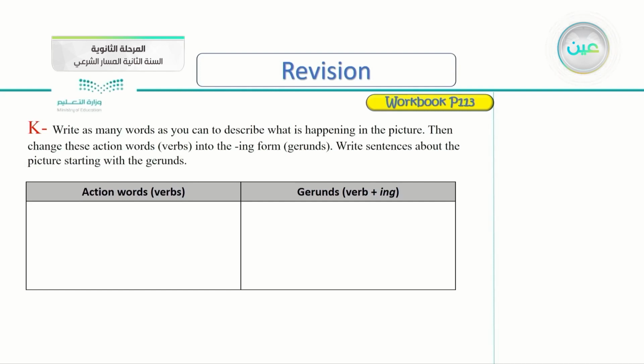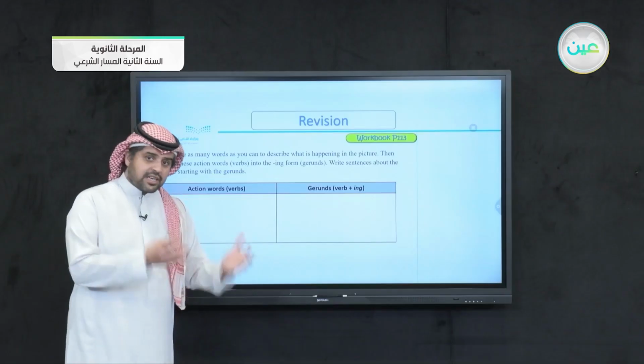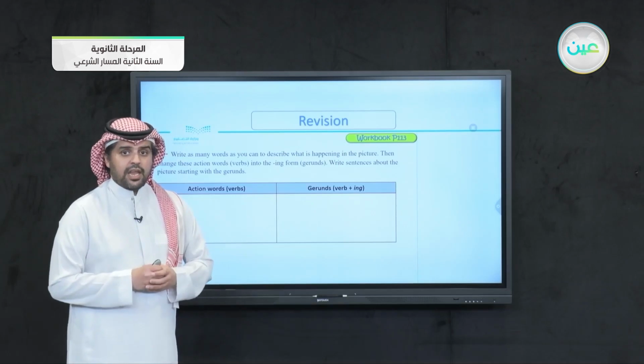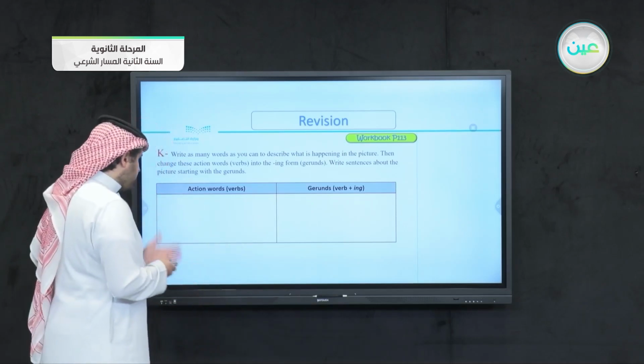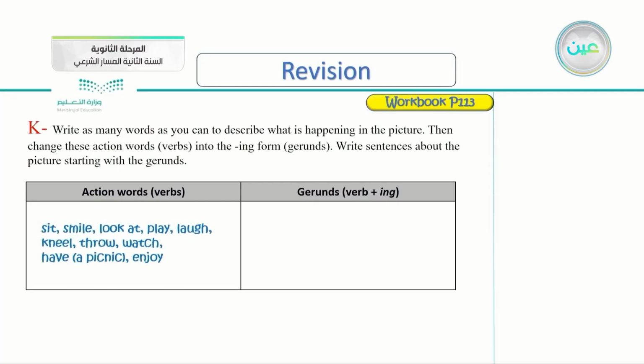So what about the action words here, the verbs? Look at the picture and try to get as many verbs, action words, as you can. So let's see some of the verbs that I came up with. Sit, smile, look at, play, laugh, kneel, throw, watch, have a picnic, of course, enjoy.